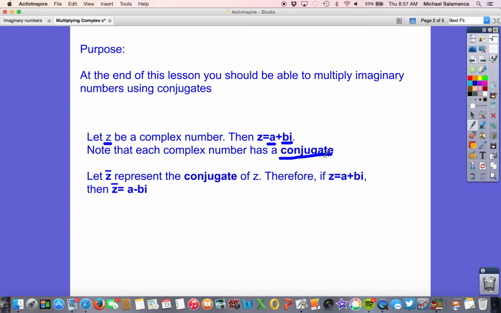It comes in pairs. So if you have z, and we're saying z is equal to a plus bi, then z complement, marked with this line above the z, let z complement represent the conjugate of z. So basically what they're saying is, if z is equal to a plus bi, then its conjugate is a minus bi.